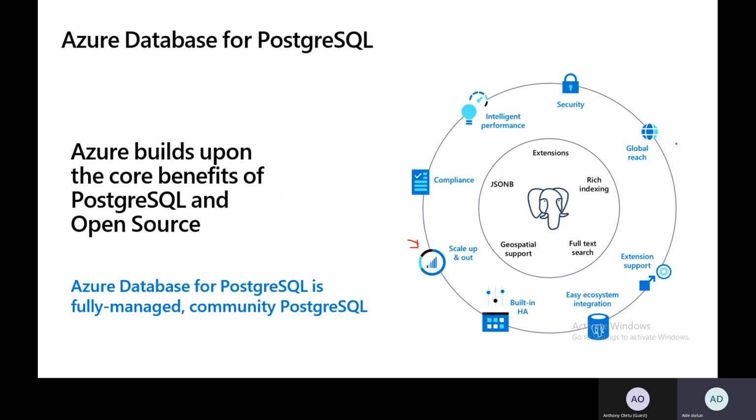Of course, that's one thing about Postgre. Postgre will create what we call a unique URL for the server. Extension support, easy ecosystem. Extension support means that other programs can work with it through what we call API calls. So now look at what Postgre can do. You can use JSON files.